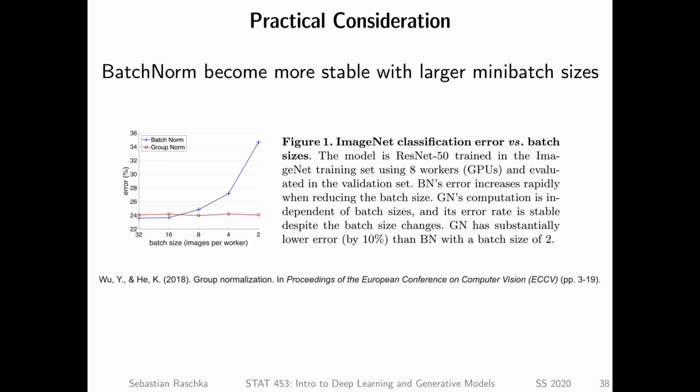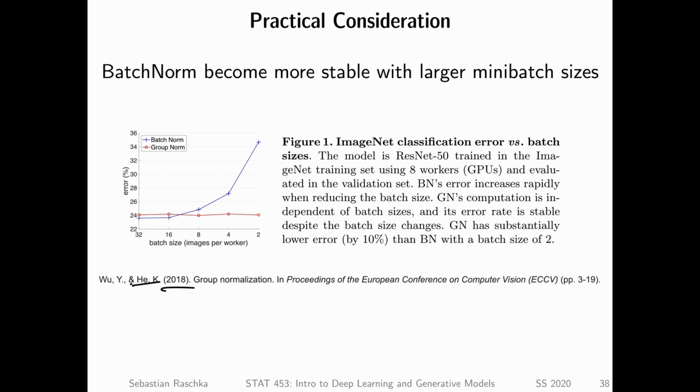Another last aspect about batch norm is that in a paper, not that recent, from 2018 by Kaiming He and his colleague Wu, they found, and it's also generally known, that mini batch sizes that are too small are not beneficial for batch norm.